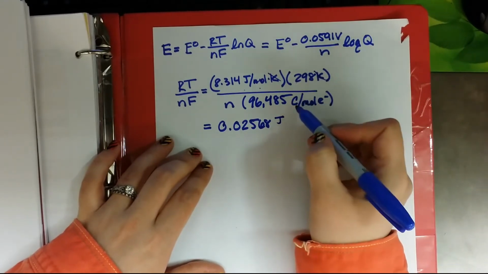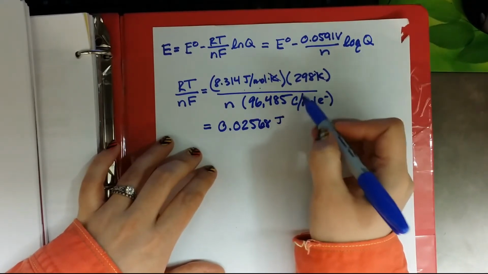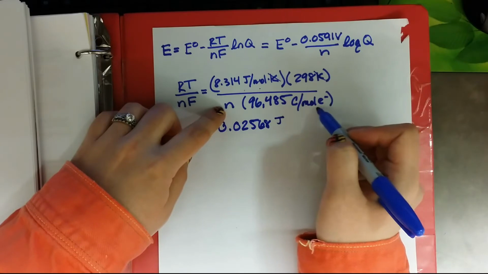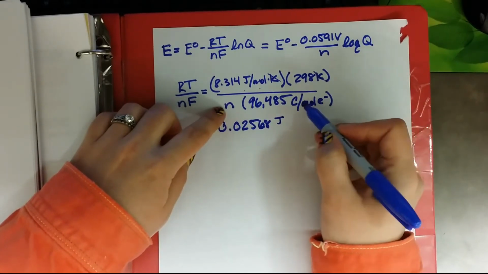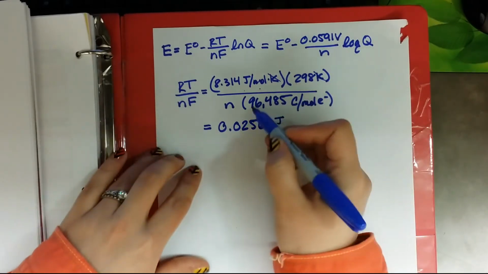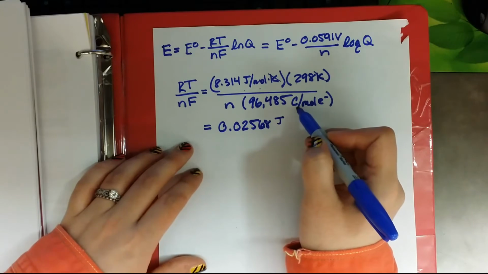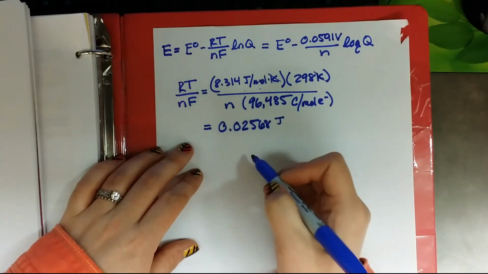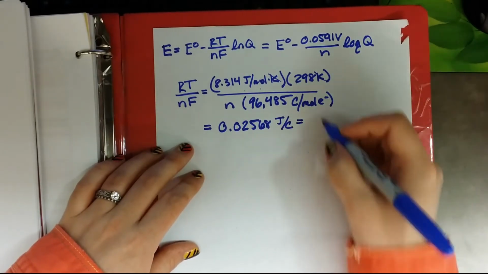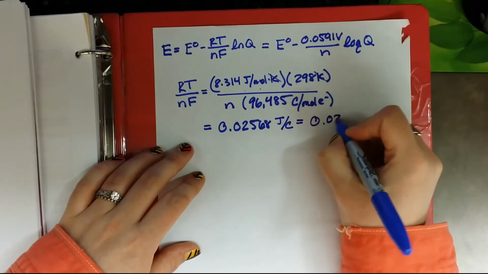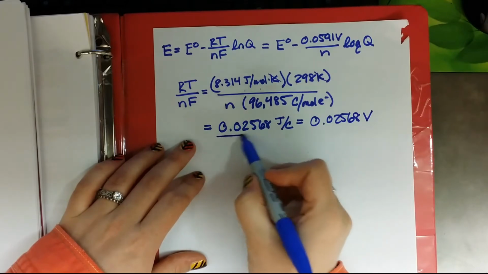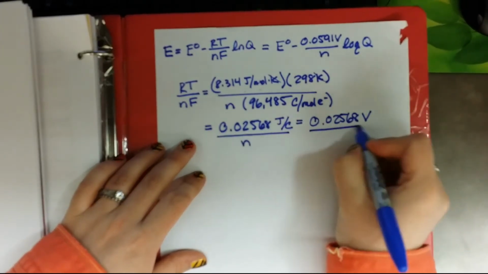On the bottom we have coulombs per mole of electrons. N has a unit of moles of electrons, so that unit cancels out when we have the N on the bottom. So this is basically 96,485 coulombs, which makes the units joules per coulomb, and joules per coulomb is the same as volts. So we get 0.02568 volts. Remember, we're not doing anything with N here, so these values are still all over N.